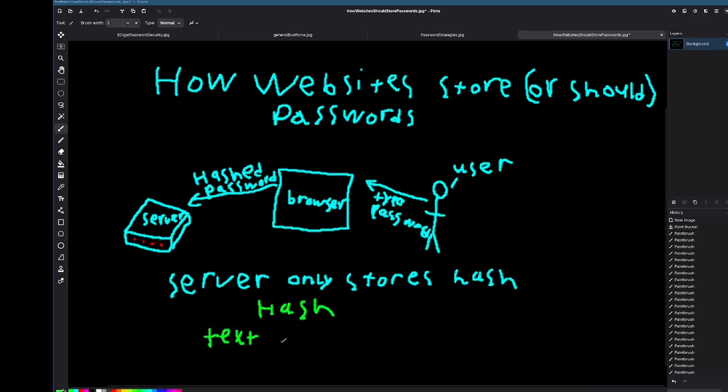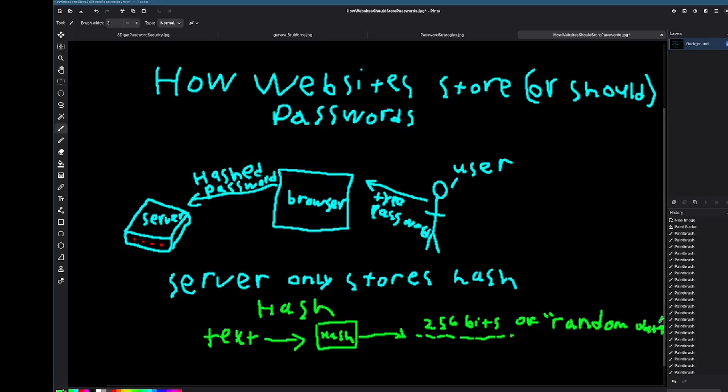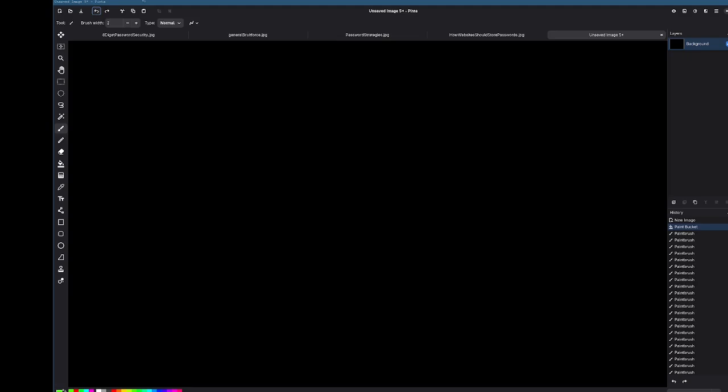You can't take a hash and figure out what was hashed to get that, so it's kind of a one-way function. And it'll always spit out a consistent length of data, so oftentimes it's just 256 bits of random seeming data. So this has ramifications for how hackers actually steal your login info.